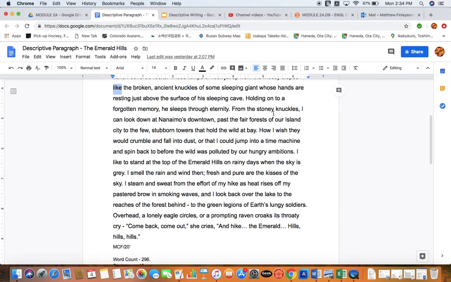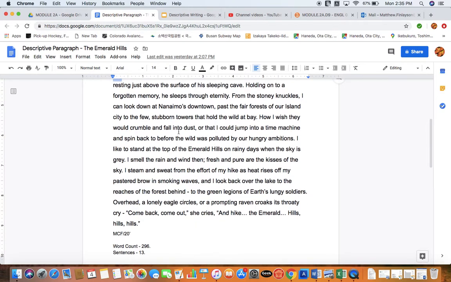I call them actual stony knuckles. So that's a very interesting point. You can kind of see the difference between a simile and a metaphor right there in those two sentences. Where was I here? From the stony knuckles, I can look down at Nanaimo's downtown, past the fair forests of our island city, to a few stubborn towers that hold the wild at bay.